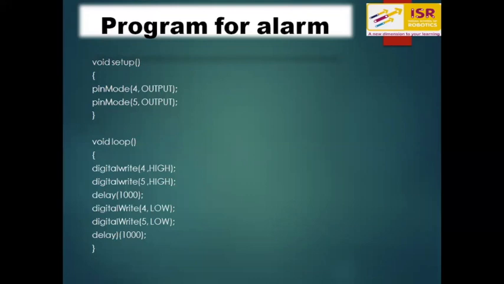So here in the program we have used pinMode 4, OUTPUT, pinMode 5, OUTPUT. These two commands indicate that the LED and the buzzer are connected to pin numbers 4 and 5, and we are using both these components as outputs. Now in the void loop we have written digitalWrite 4, HIGH, digitalWrite 5, HIGH, and delay 1000, digitalWrite 4, LOW, digitalWrite 5, LOW, delay 1000.